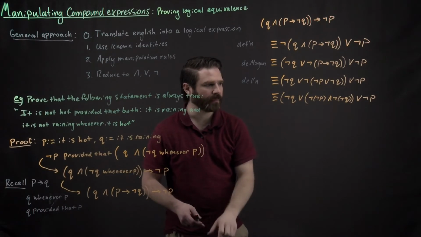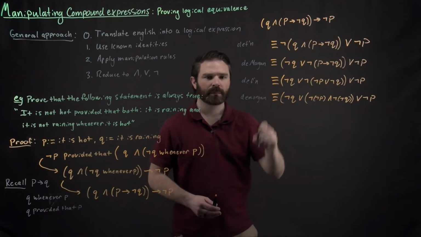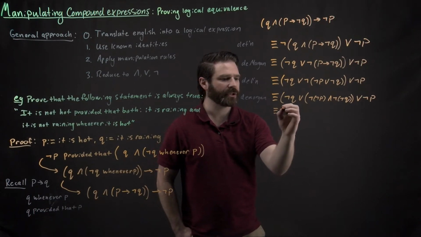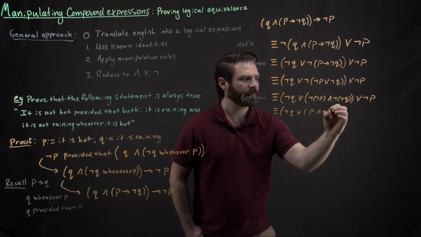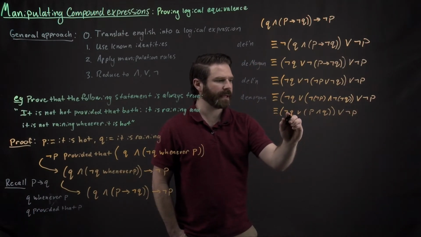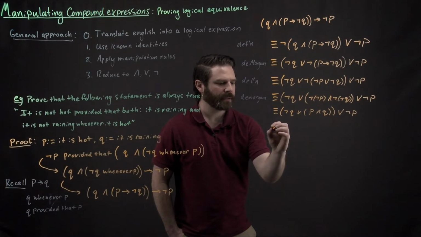So after I had applied De Morgan's law, I can go ahead and get rid of this double negation right here. And I see that, because I have an or and an and right here, I could distribute this not Q over into this expression right here. So let's go ahead and do that.